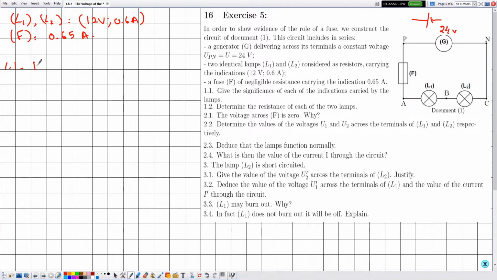Let's start with 12 volts. We know that this is the rated voltage of the lamps L1 and L2, under which they function normally.